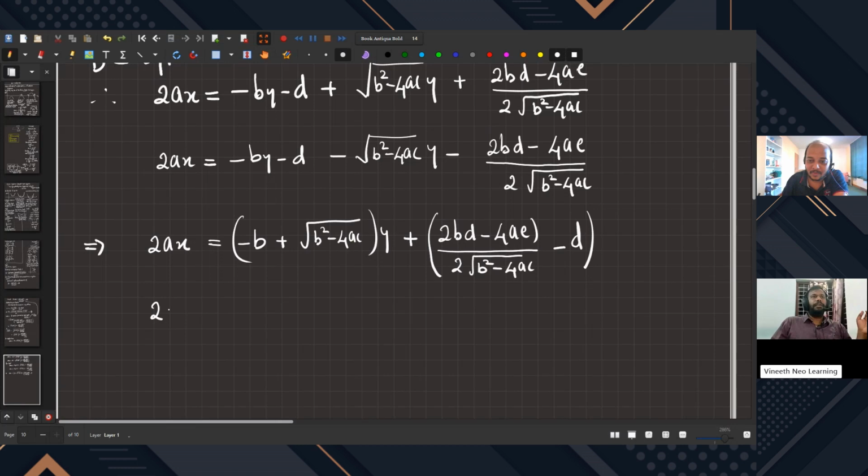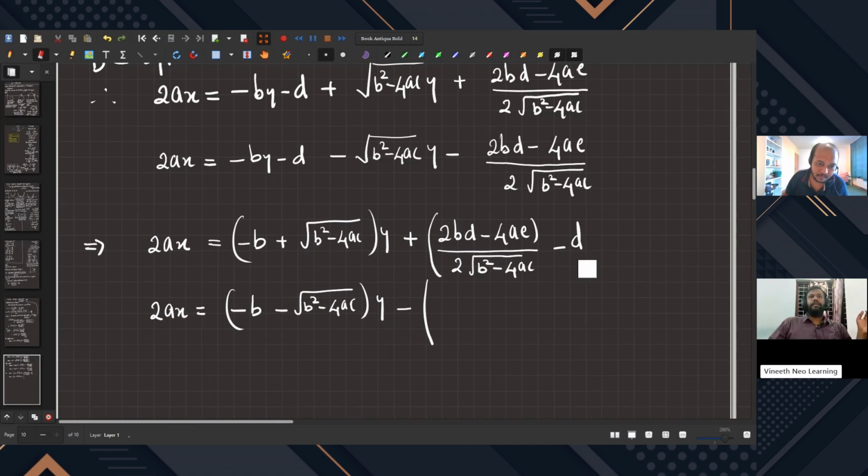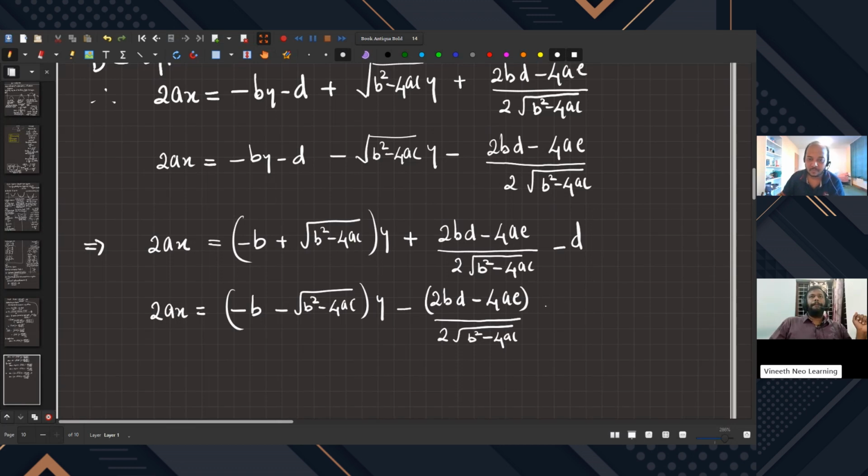and the second equation will become 2ax equals minus b minus square root of b squared minus 4ac times y plus, sorry, not plus, this is minus, just let's avoid the brackets here, minus 2bd minus 4ae over 2 times square root of b squared minus 4ac minus d.